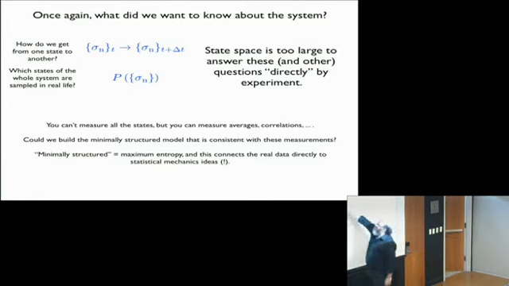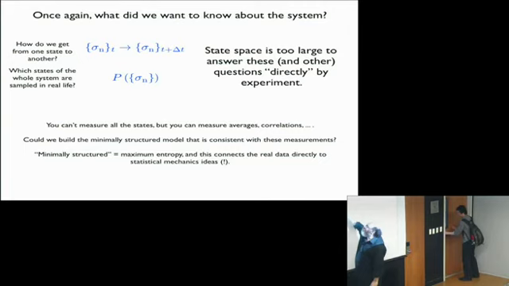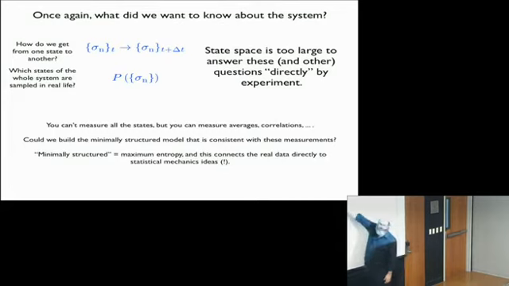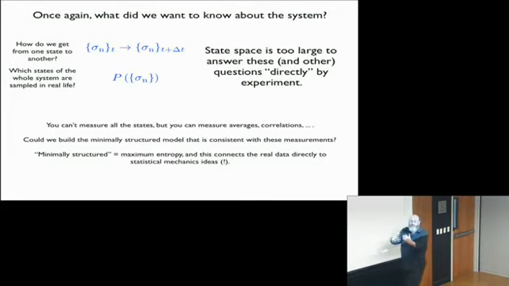Another question you might ask is, what's the distribution over states that you actually sample in real life? And I tried to argue that knowing something about this distribution tells you something interesting in each of these cases. In a sense, looking at this in the context of the retina is telling you about the vocabulary with which the retina is speaking to the rest of the brain.